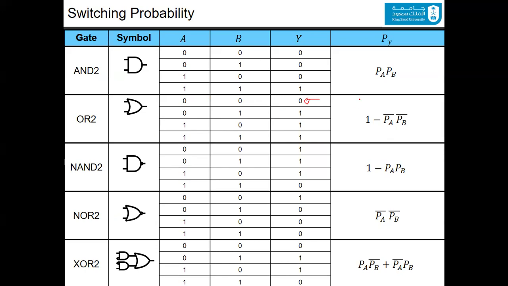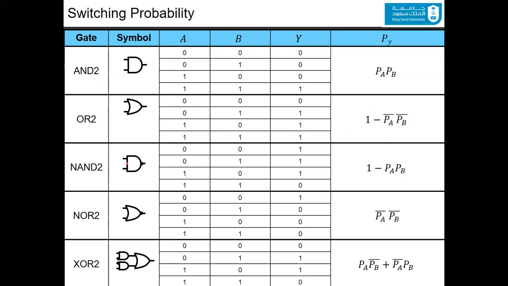So if that's PY bar, which is PA bar times PB bar, then to get PY, it's going to be 1 minus that probability. So sometimes, if you have only a few zeros, it's good to get this one and then say that the probability is 1 minus this situation.